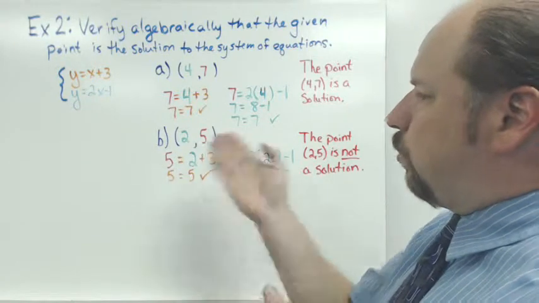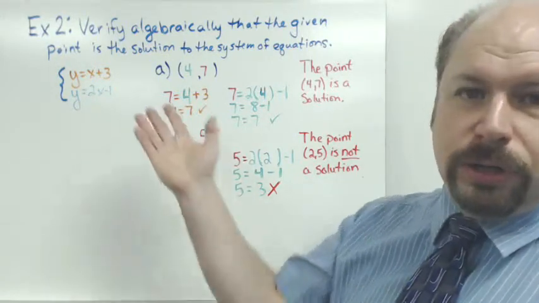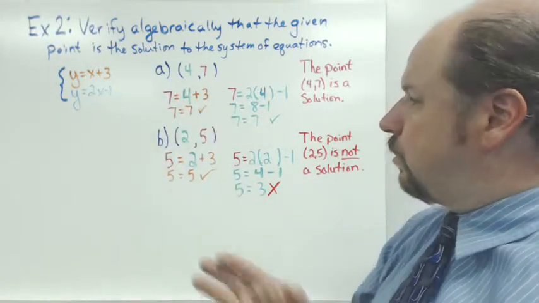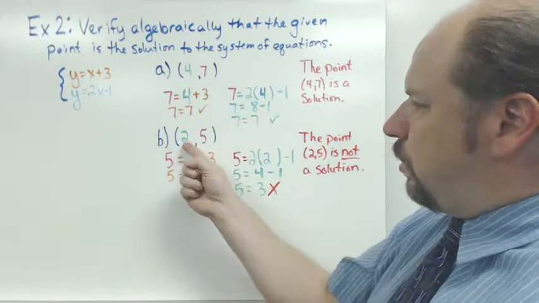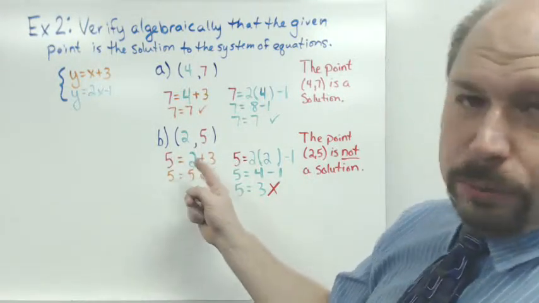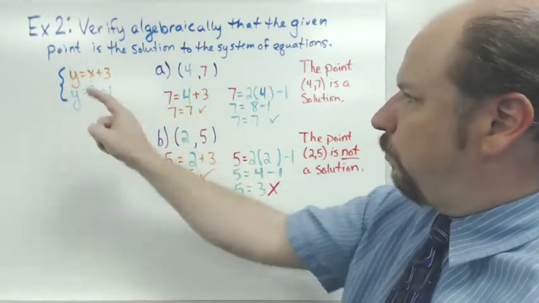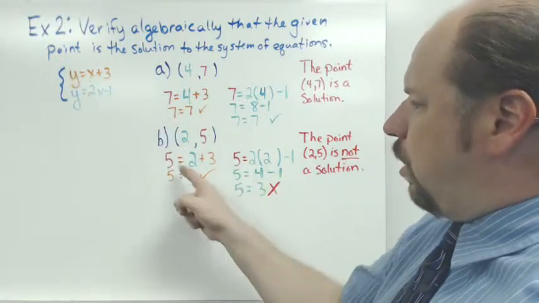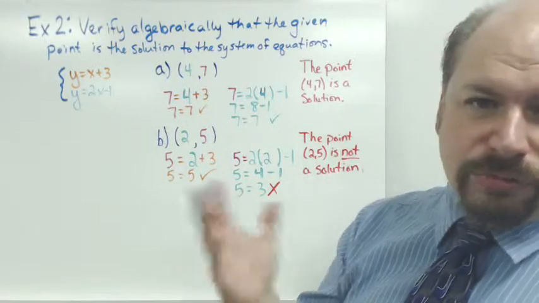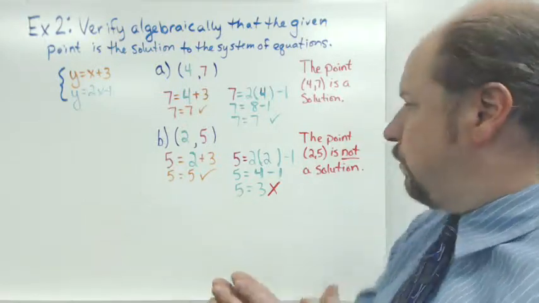Okay, so if we take the point (2, 5) now, and we're going to use the same system of equations. If we put 2 in for x, 5 in for y, we get 5 equals 2 plus 3. 5 for y, 2 for x. So 2 plus 3 is 5. 5 equals 5. So far, so good. It seems to work.